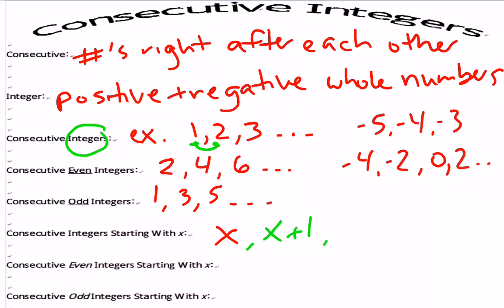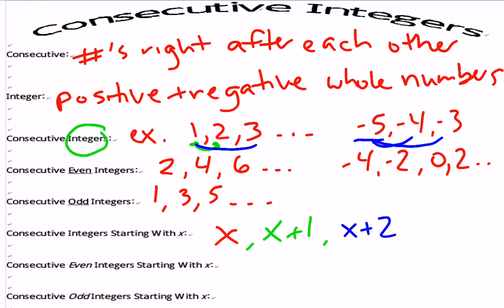What if instead I wanted to go from 1 to 3? I do x plus 2. And if I had even more numbers I cared about, I could do x plus 3, x plus 4. And notice if I look at my example over here, say x is negative 5. If I add 1, I get to negative 4. If I add 2 to negative 5, I get negative 3. So this pattern holds no matter what my starting number, x, is.